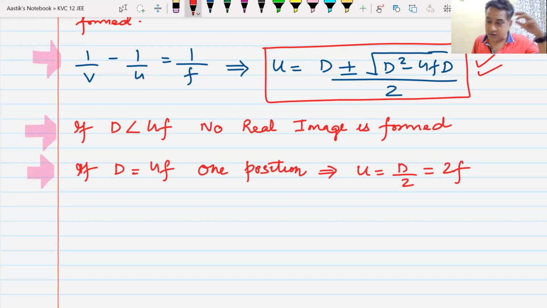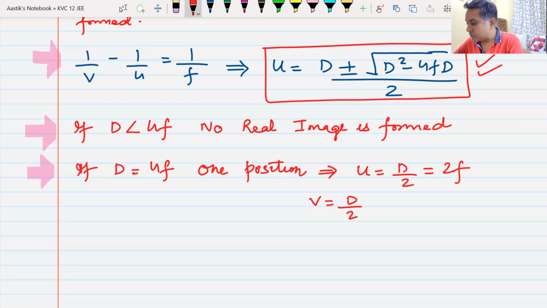If you put this value of U in the value of V, you will also get V as D by 2. So V and U will be equal. Basically, you are placing the object at 2F and you are getting the image at 2F. That is the minimum distance between the object and the image to get a real image. Do we understand this?